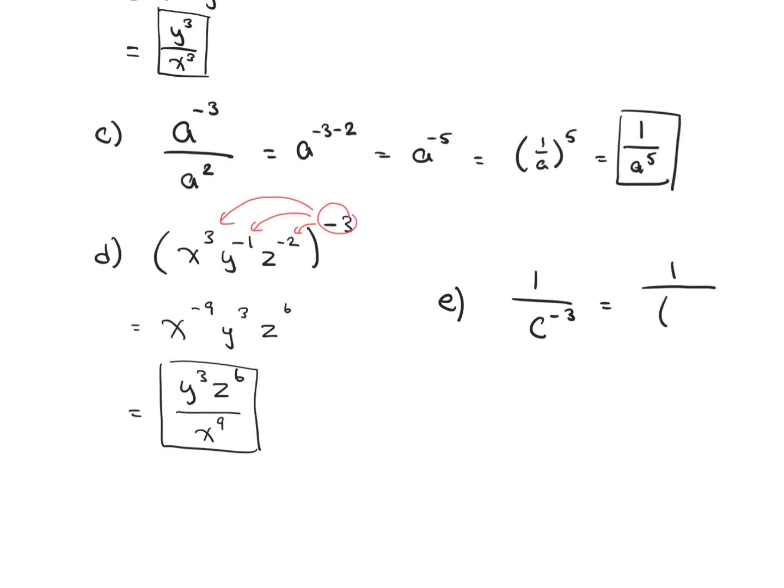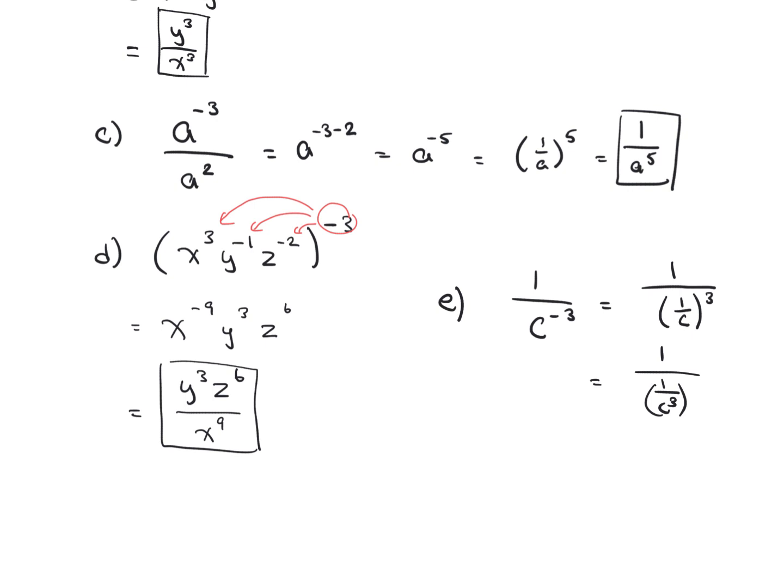So I would flip the c, making it 1 over c, put it in brackets, and put it to the positive 3. That would equal to 1 over 1 over c cubed. Okay, that's just applying 1 cubed is 1 and c cubed is c cubed.